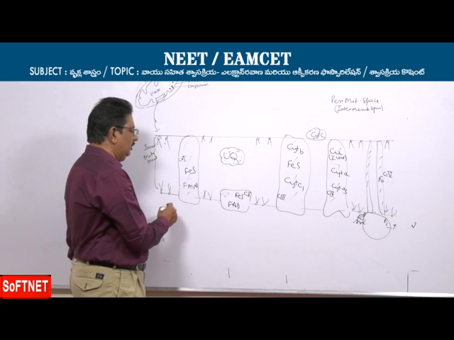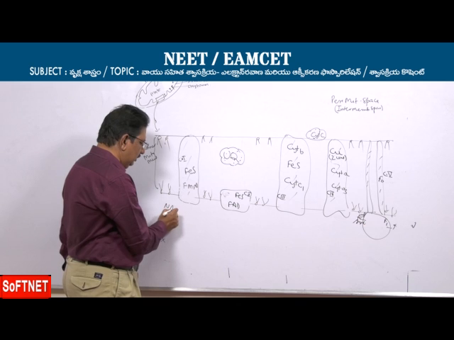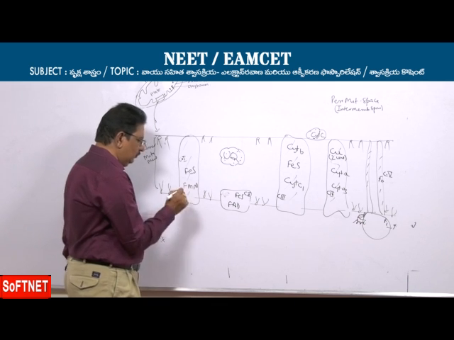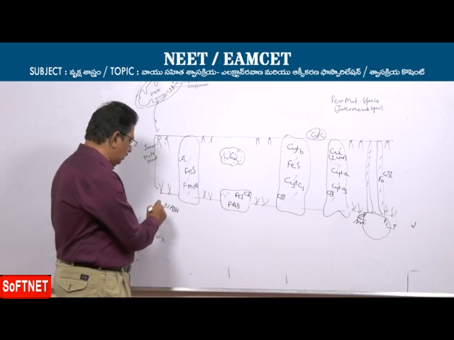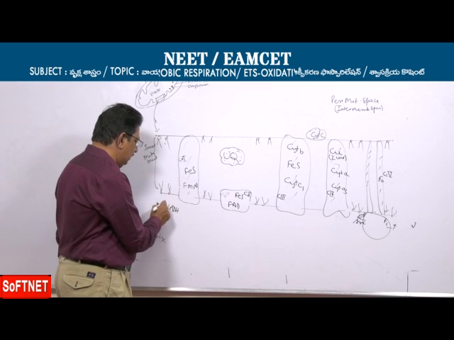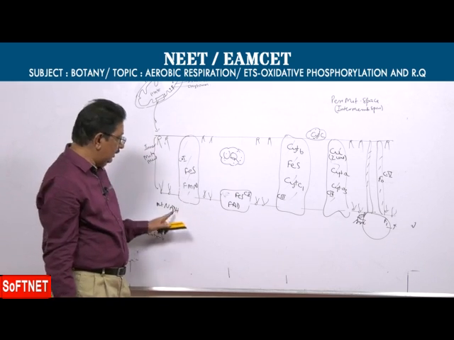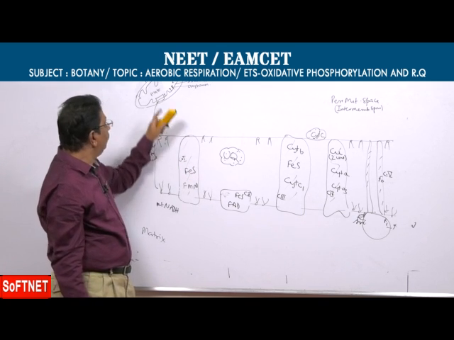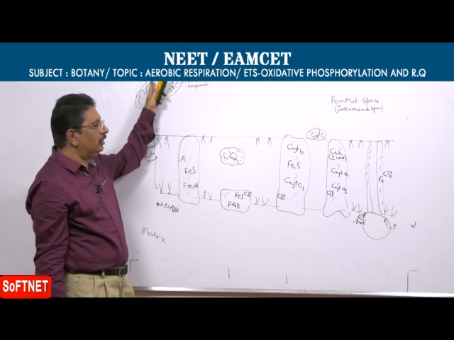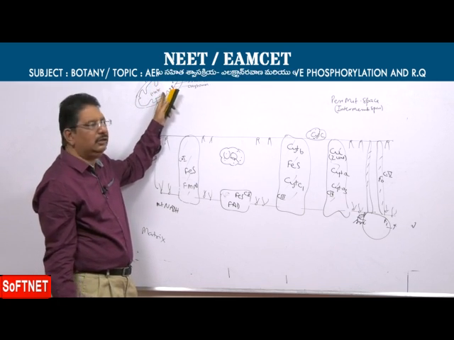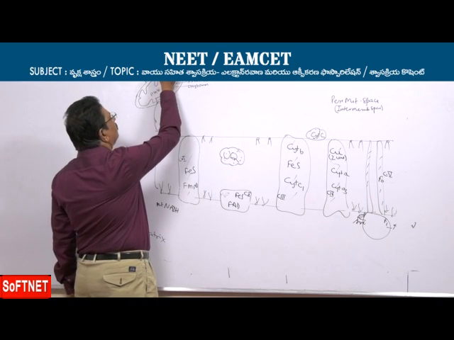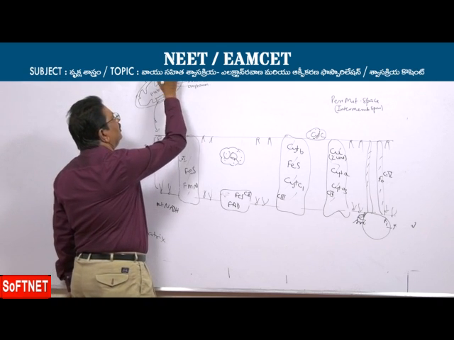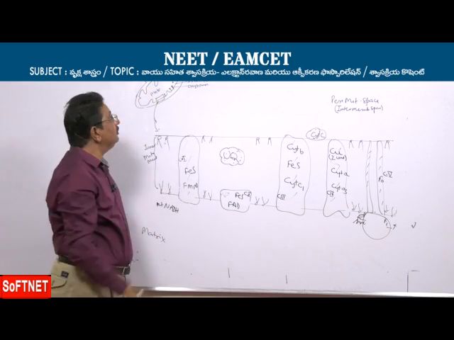So, first of all, the reduced coenzymes which are formed in mitochondria. I am taking this mitochondrial NADH. Since in respiration, NADHs are formed in mitochondria during link reaction and Krebs cycle, and NADHs are also formed in cytosol during glycolysis.